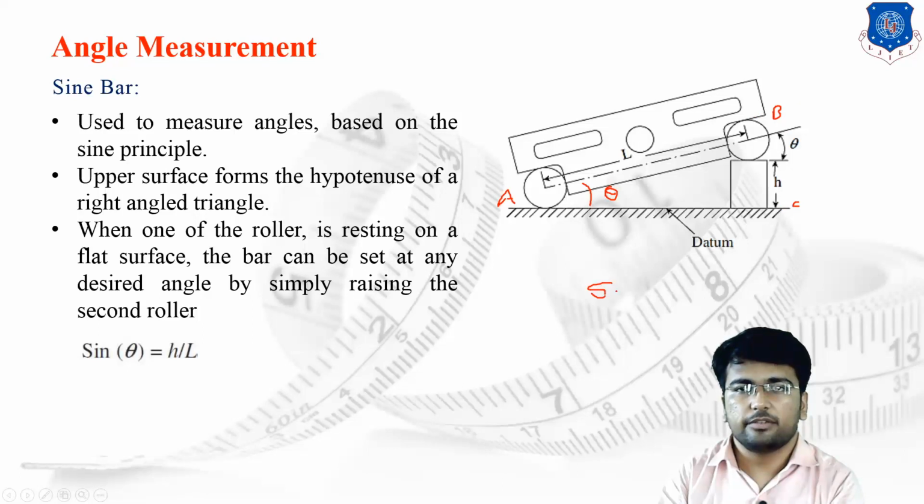If I have to find the value of sine theta, what do we mean by sine theta? Suppose this is angle theta, then it is equal to BC, the opposite side, upon the hypotenuse, AB.